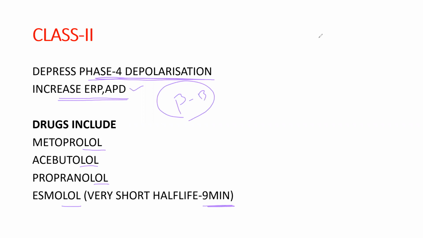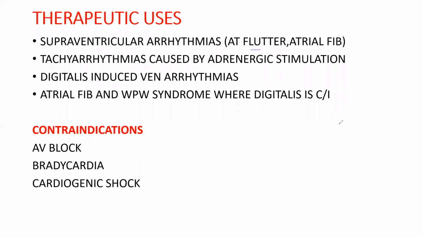Okay. So now we will talk about the therapeutic uses. Where are these class 2 drugs used? These class 2 drugs are used in supraventricular arrhythmias, that is atrial flutter and atrial fibrillation, and tachyarrhythmias caused by adrenergic stimulation. With adrenergic stimulation, if you give beta blockers, definitely they will get suppressed. And digitalis induced ventricular arrhythmias, atrial fibrillation, and Wolff-Parkinson-White syndrome, WPW syndrome, where digitalis is contraindicated.